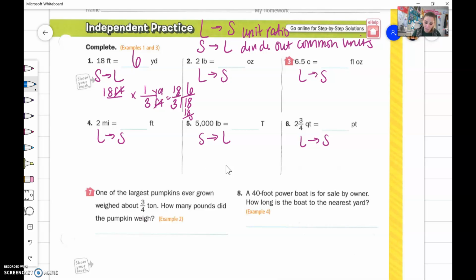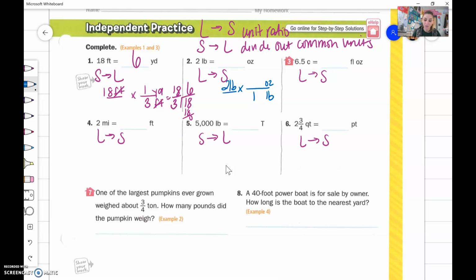All right, the next one, we're doing 2 pounds to ounces, so we're going from large to small, which means we have to have a unit rate. And when we go from large to small, we are finding that unit ratio, which means we have to make sure that we have a denominator of 1. So we have 2 pounds, and we are multiplying ounces to pounds.